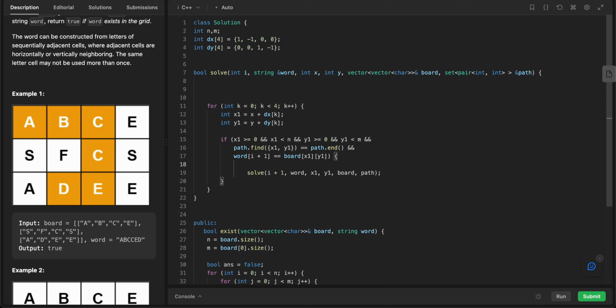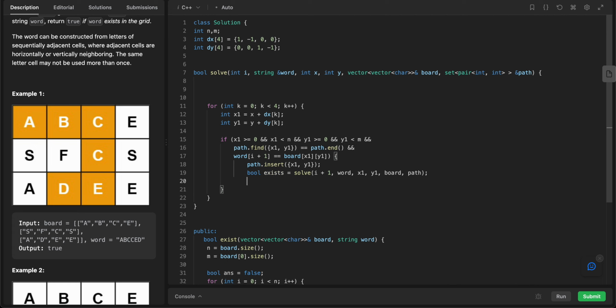Okay, we need to insert it into the path dot insert. That means I have taken x1 y1 in my path. So what is the answer from here? Bool, it's possible, you can say exists, does exist. So bool exists is equal to solve.